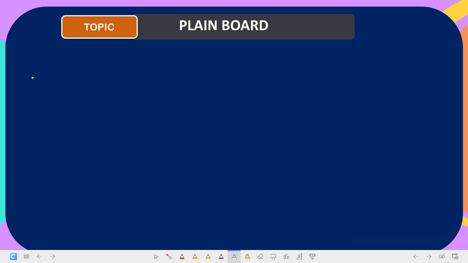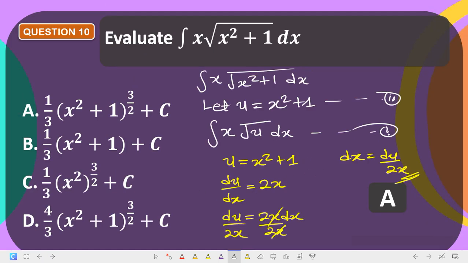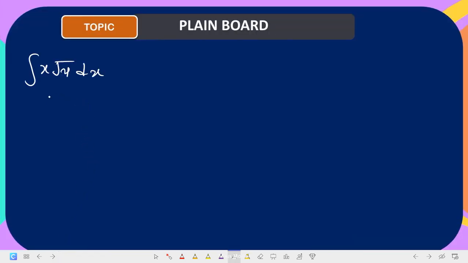What we had here was the integral of s, equation 1, root u ds. Right? That's what we have here. Are we getting it now? So in place of ds, put in this value. So whenever you see ds, put du all over 2s.